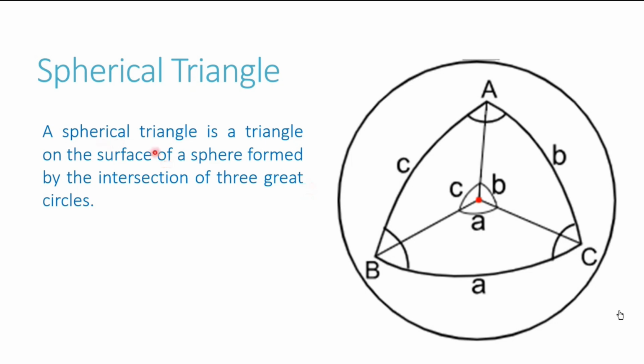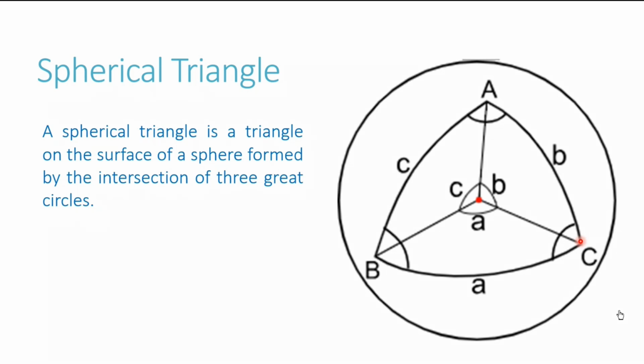A spherical triangle is a triangle on the surface of a sphere formed by the intersection of three great circles. Now, as you can see in this particular diagram, we have a triangle being formed on the surface of a sphere. This is a 3D diagram, and you can see this triangle being formed, A, B, C. This triangle is being formed on the surface of a sphere. That's number one requirement for a spherical triangle.